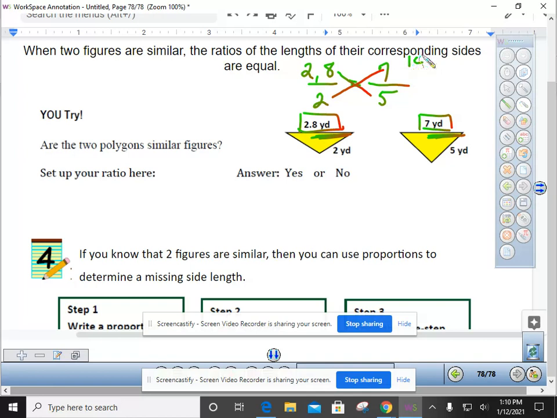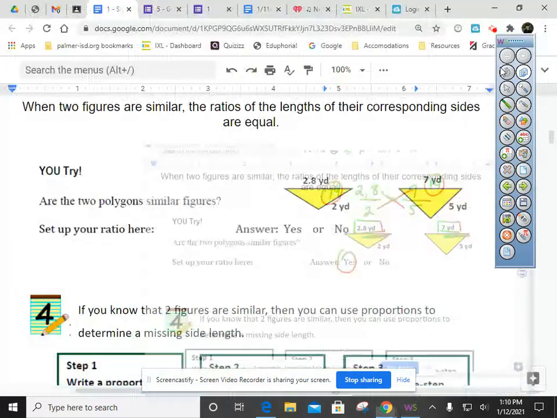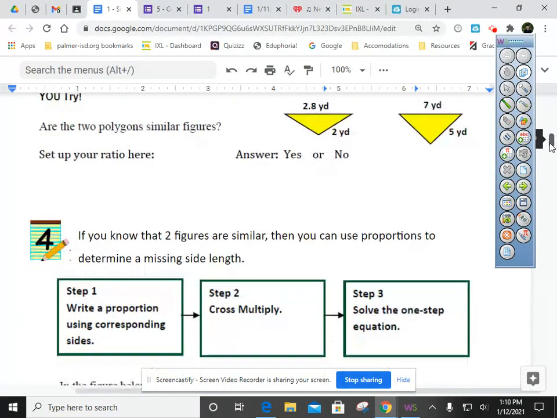I'll do the 2 and the 7. It's 14. Y'all do the other one. 14. So are they similar? Yes. That's pretty simple. You agree? Of course, it's not that easy, right?